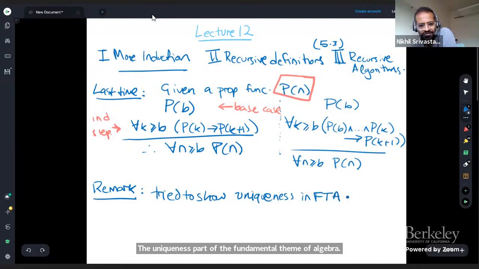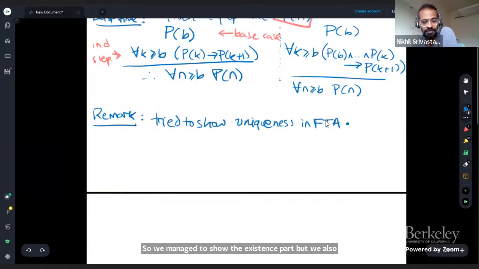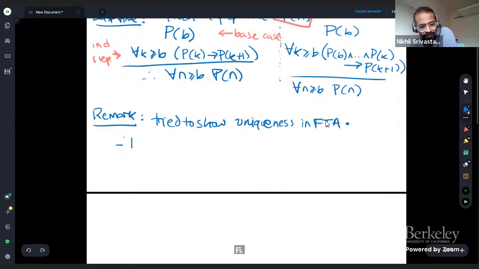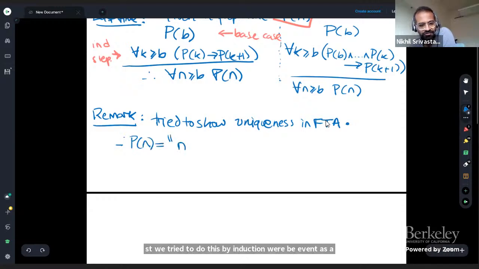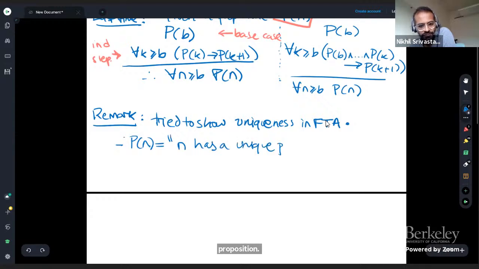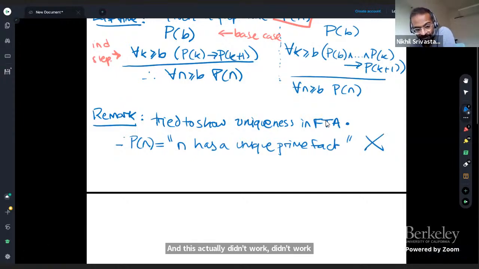We managed to show the existence part, but we also tried to prove the uniqueness part using induction. First, we tried to do this by induction, where P of n is the proposition: the integer n has a unique prime factorization. And this didn't work out. That was how the last lecture ended.